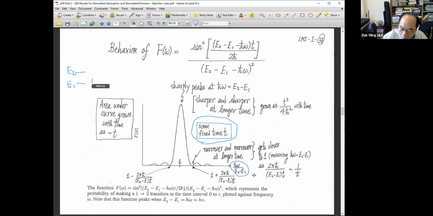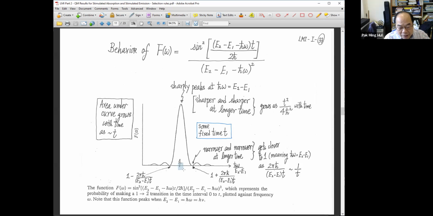I am sweeping h bar omega through different values. So the x-axis is going from smaller h bar omega to higher, hitting the right number, and then even higher. Okay, understand? So now let's look at the structure.